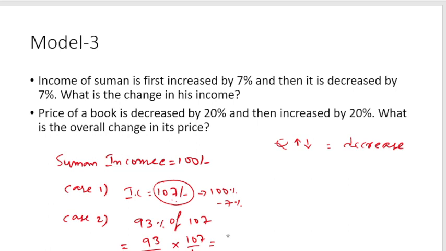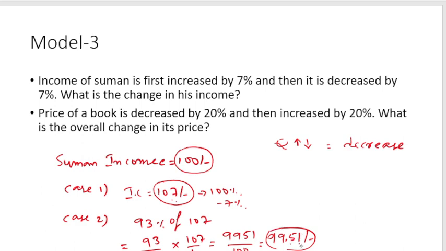Nothing is there means by 1. You'll get 9951 by 100, that is equal to 99.51 rupees. So originally the income is 100 rupees. After increasing by 7 percentage and decreasing by 7 percentage, the resultant income is 99.51 rupees.